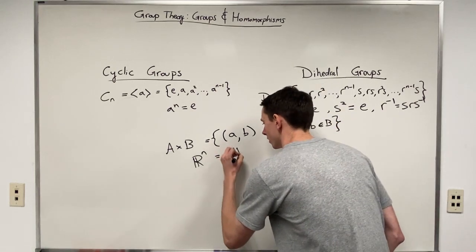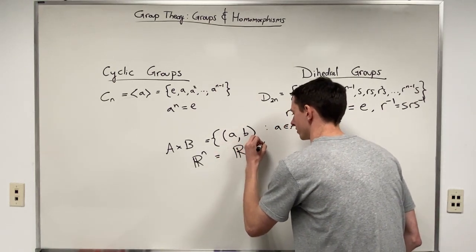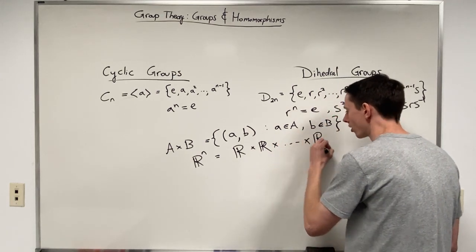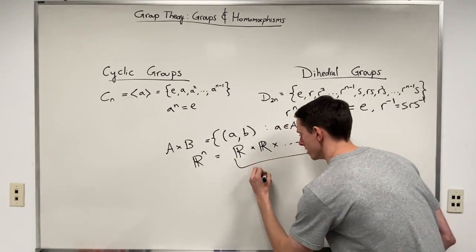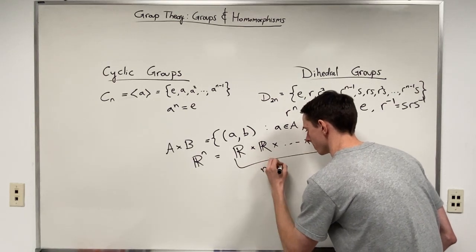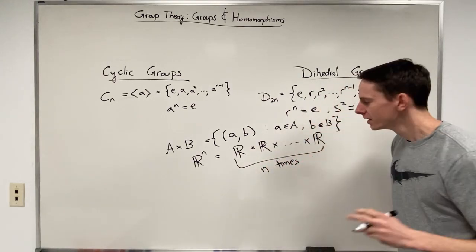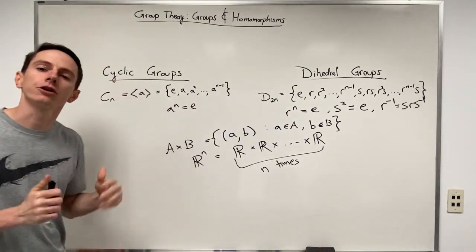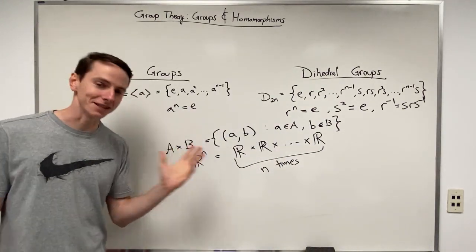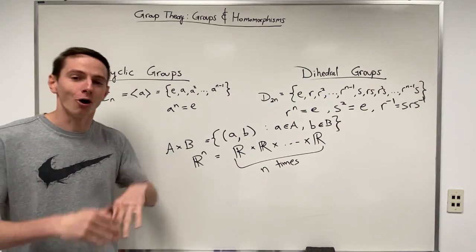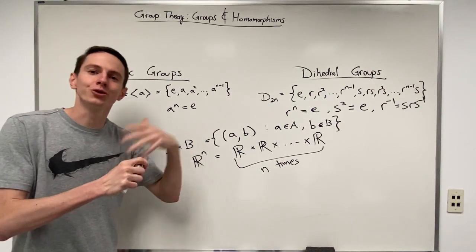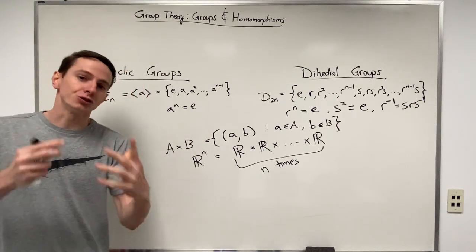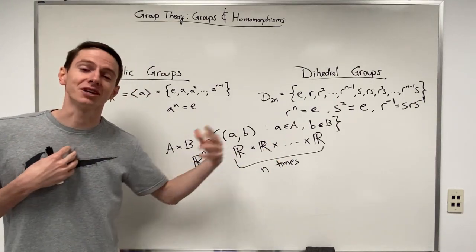It's simply going to be R cross dot dot dot cross R, where this is applied n times. Right. So what I'm trying to say is that we developed this notion of a Cartesian product for sets. And also, a lot of times what we have been doing to motivate, if you remember when we talked about homomorphisms, we introduced and motivated homomorphisms through sets.